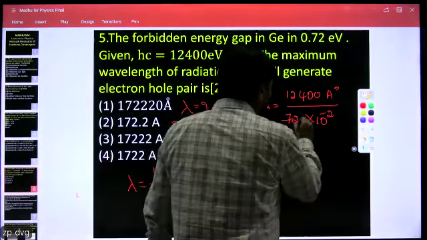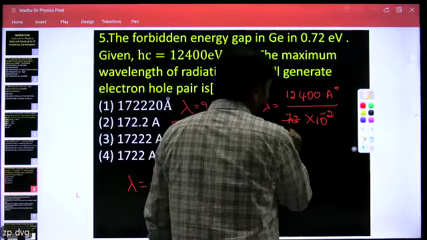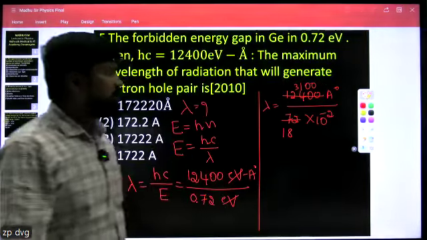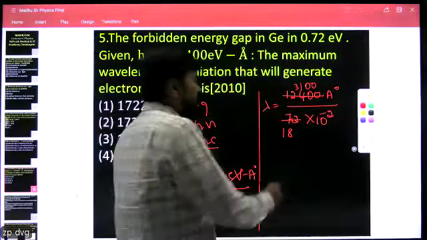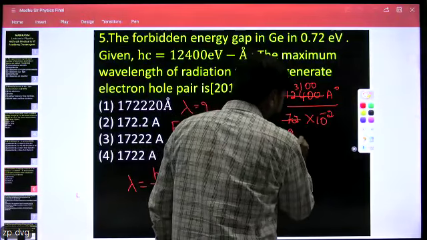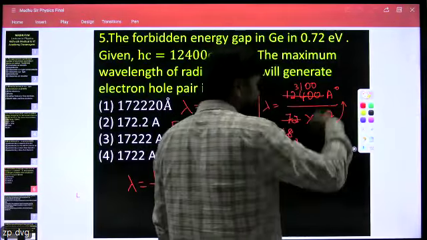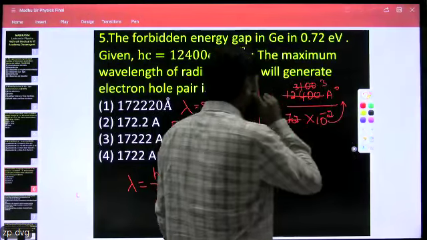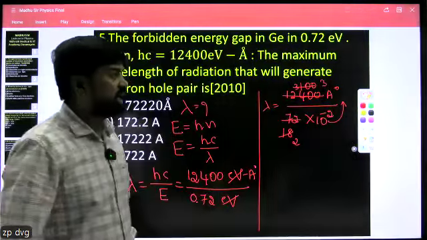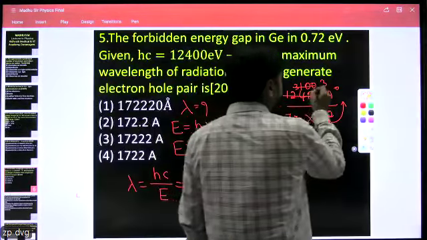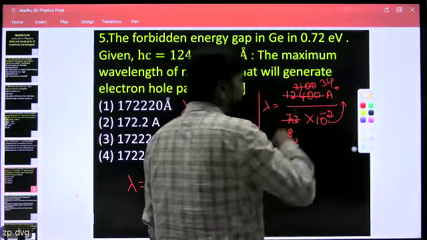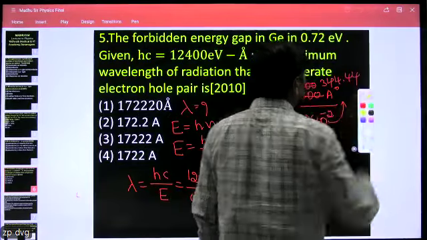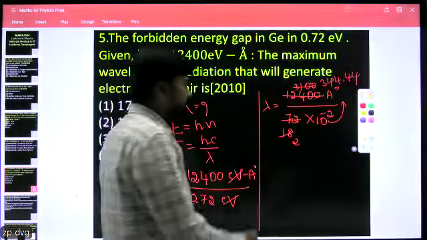Now we can divide. 4 ones are 4, 4 eights are 4 threes are 4 ones are, 3100 by 18. 9 twos are 18. This 10 power minus 2 shifts into the numerator, minus 2 becomes plus 2. Again 9 threes are 27. 31 minus 27 leaves 4, so 40, 9 fours are 36. Again 9 fours are 36. So 344.44 divided by 2.